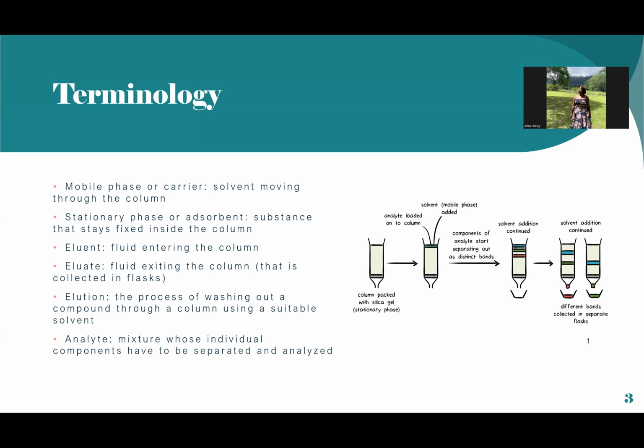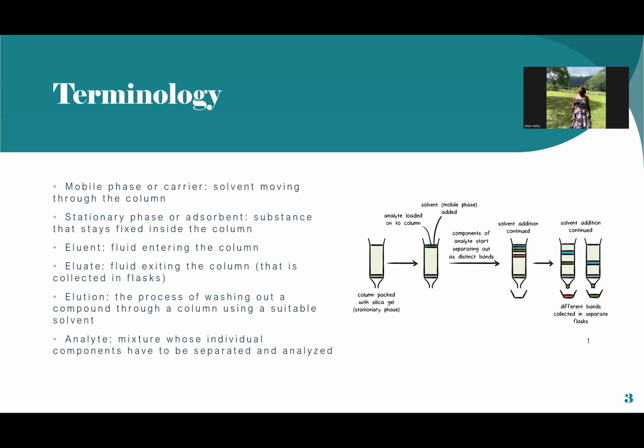And so the picture on the right shows a good depiction of a chromatography process. This one here is a liquid chromatography process where they're separating the solution into different colors.